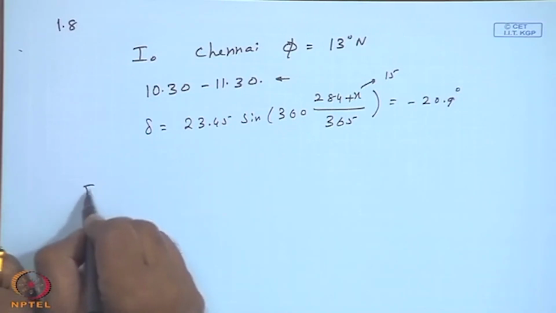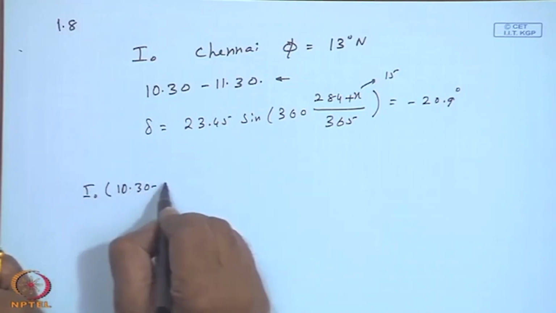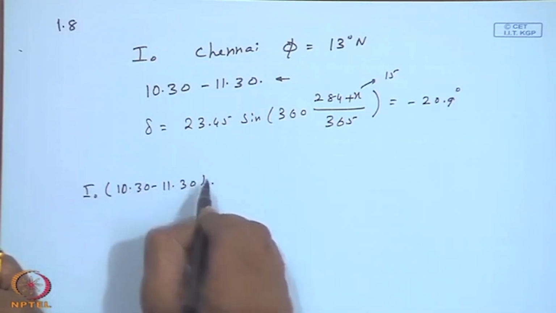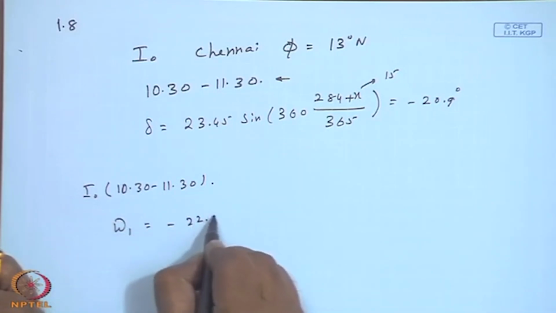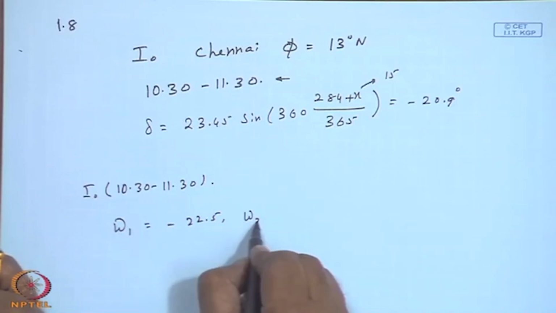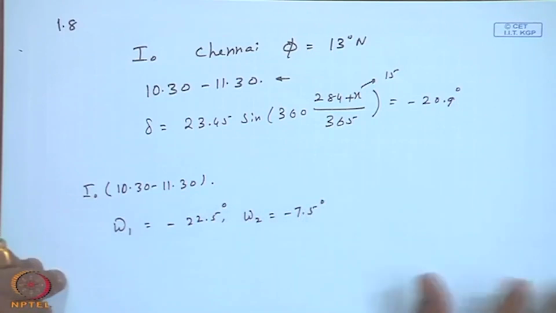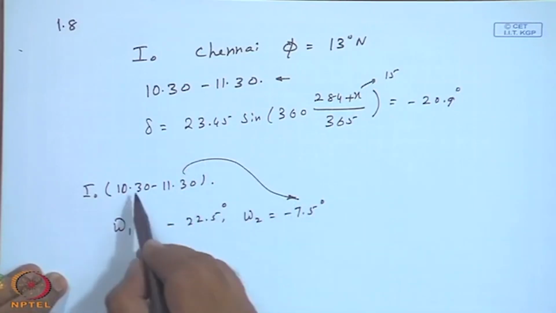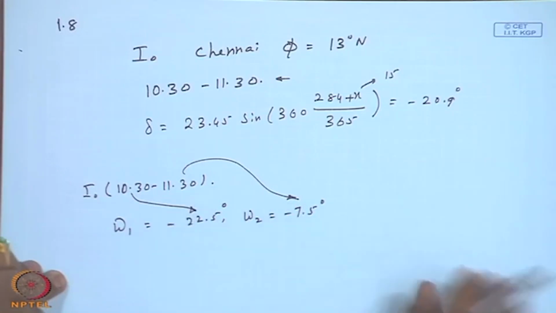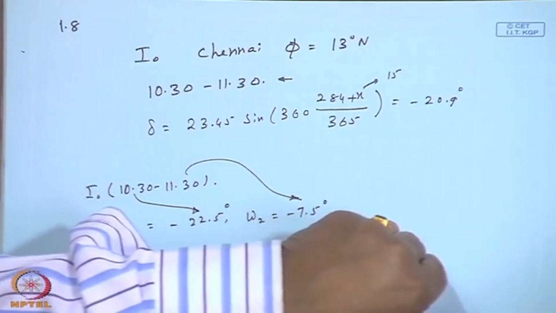So, I0 for 10:30 to 11:30, my omega 1 will be minus 22.5 and omega 2 will be minus 7.5 degrees. 11:30 corresponds to minus 7.5, half an hour before the solar noon. This is 1.5 hours before the solar noon. So, it will be minus 22.5 and minus 7.5 as per our convention.